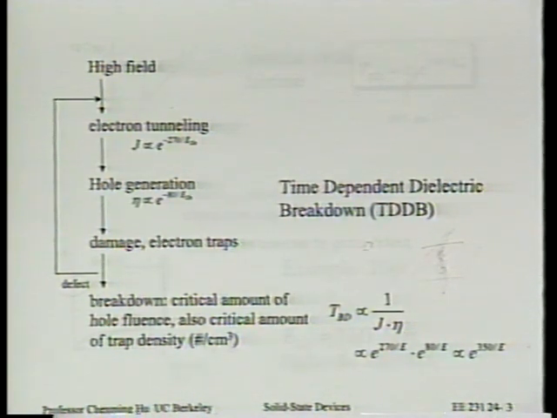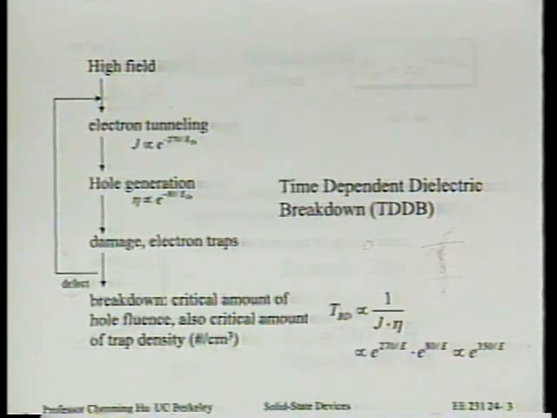This comes from the hypothesis or the experimental observation that a certain amount of holes can pass through the oxide before breakdown occurs. Does it make sense?